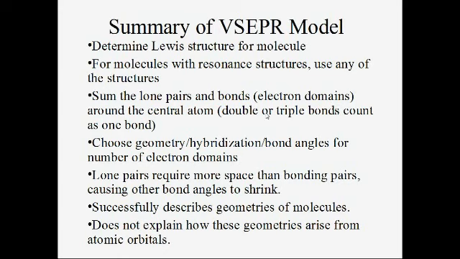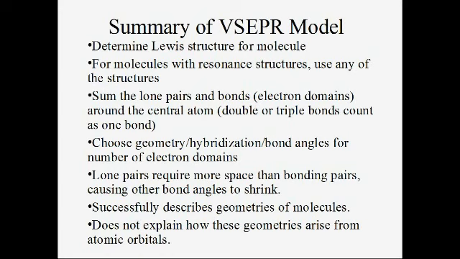So for the valence shell electron pair repulsion model, we're going to start off by drawing the Lewis structures for the molecules, and any resonance structures. We can use any of the resonance structures to determine geometry. We're going to sum the electron domains, lone pairs and the bonds around the central atom to determine the electron geometry.